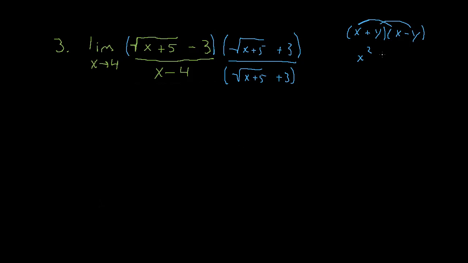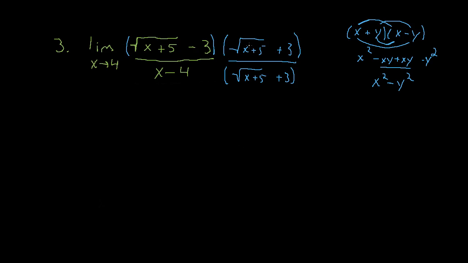That'll be a minus y squared. This will give you a positive xy, and this will give you a negative xy. So you'll notice that these are going to drop out and I'm left just with x squared minus y squared. In other words, your middle term drops out.